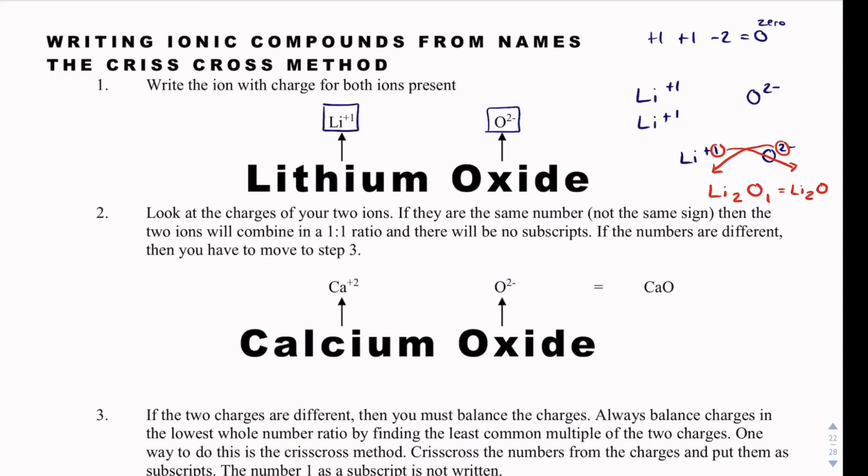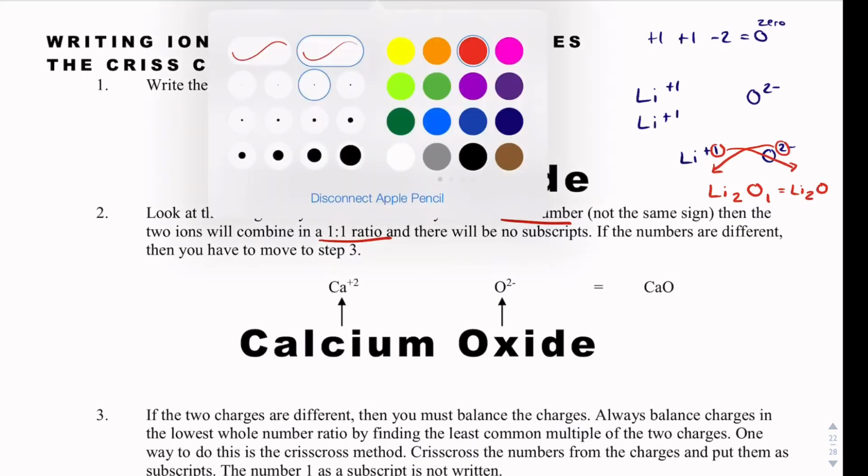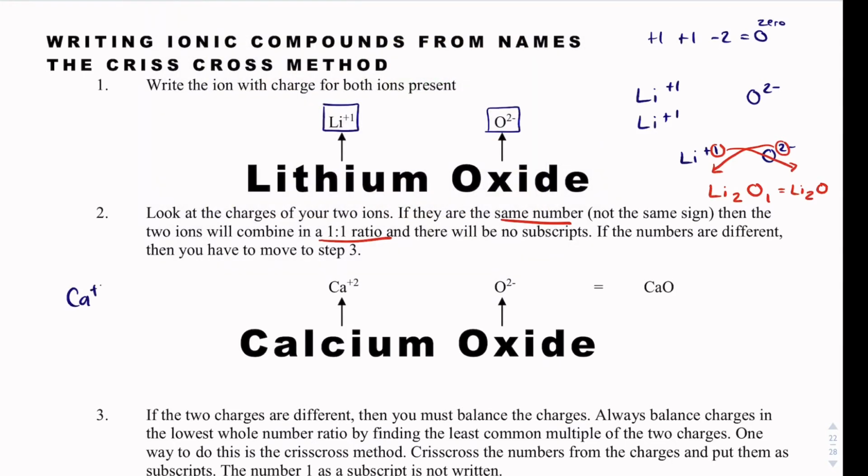Okay? If we have charges, which we always are going to have, and they're the same number, then they are going to combine in a 1-to-1 ratio, so there will be no subscripts. So for example, ask yourself, if I have calcium plus 2 and I have oxide 2 minus, we get those charges from the periodic table.